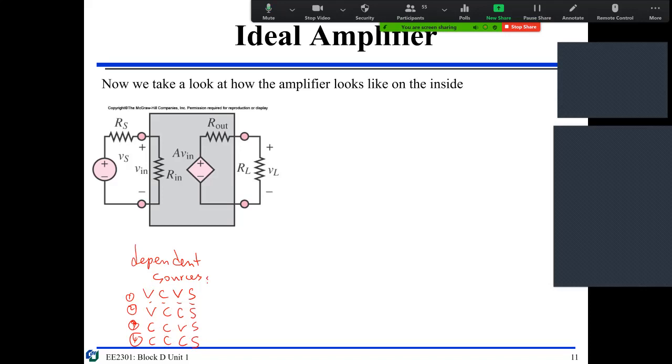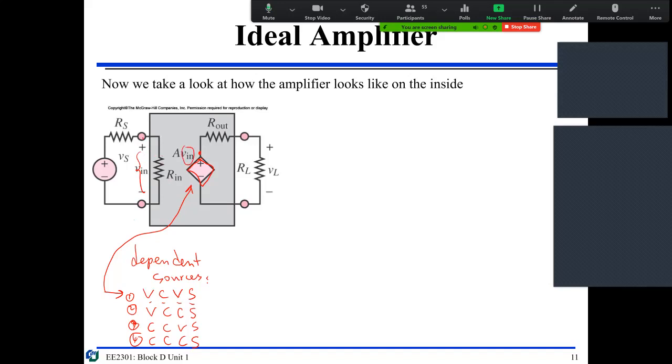In our case, we are using a voltage controlled voltage source, which is this one. It is not a circle symbol; this is called a dependent source. The voltage of this one depends on the voltage inside here.